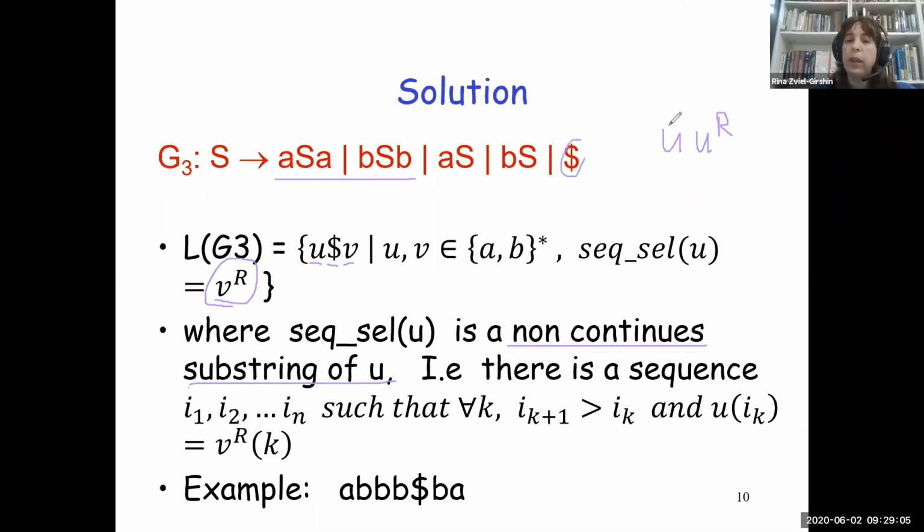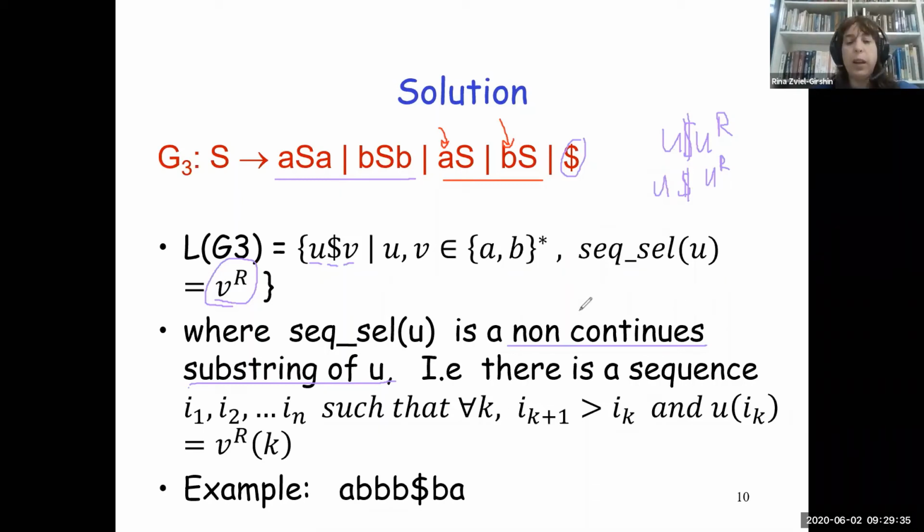If I use the dollar sign, then I have dollar here. So I will have U dollar U reverse. But now if I go to rules number 3 and 4, I can add only in prefix, only in U, only before S, additional letters which don't have the same letter at the suffix.